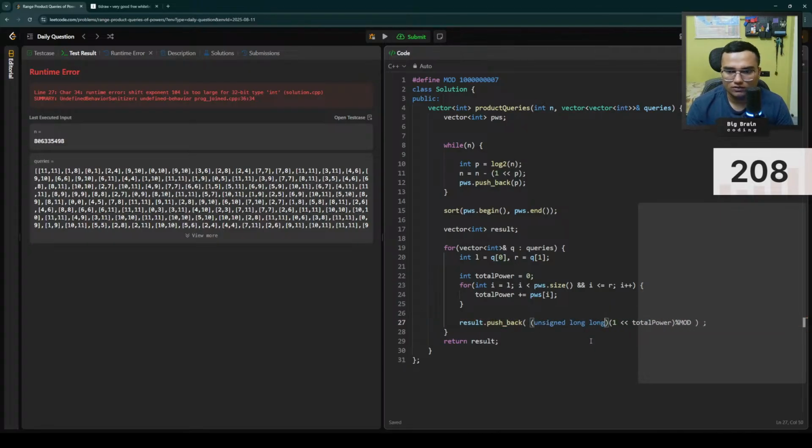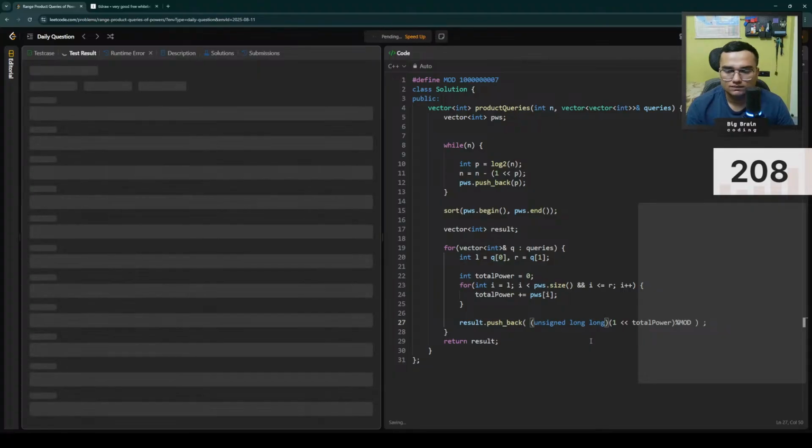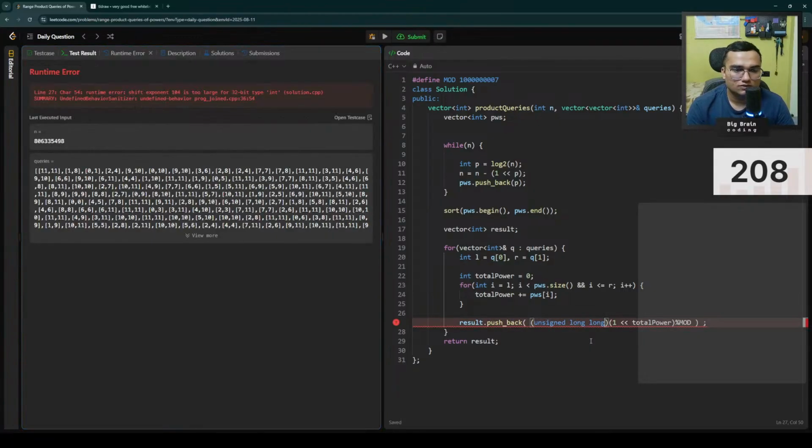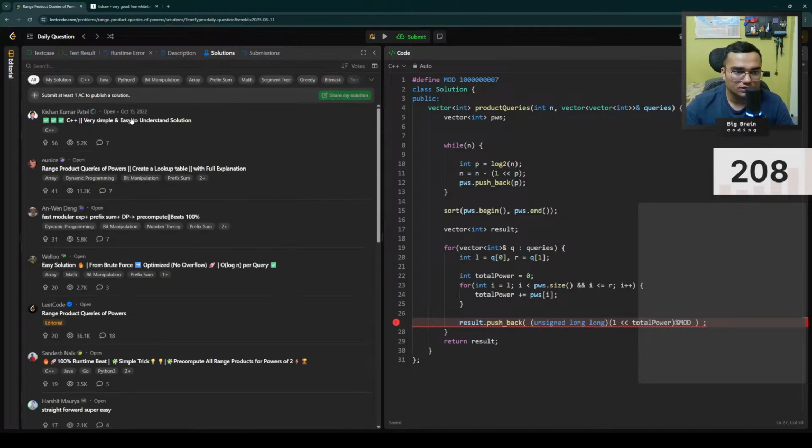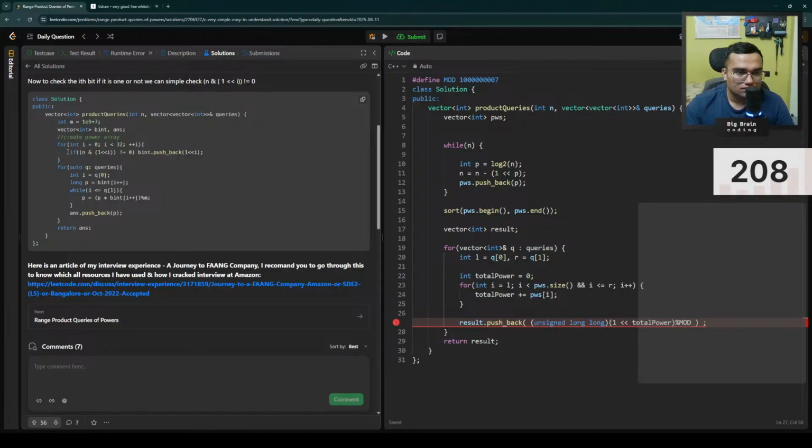Unsigned long. Let's see. Still. Maybe I just need to divide this by 2 or something like that. Oh, 1e9 plus 7.